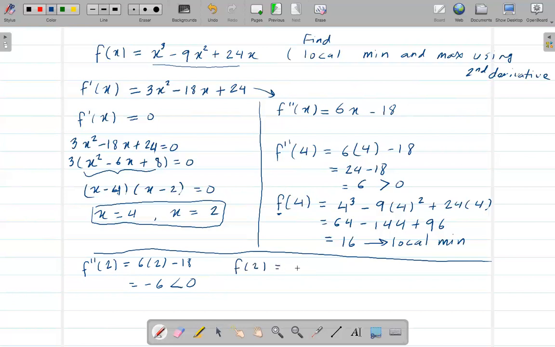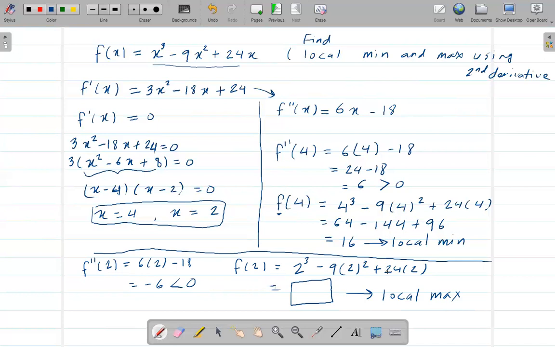So f of 2 is 2 to the power 3 minus 9 times 2 to the power 2 plus 24 times 2. You will get some number, and at this point we'll get a local max. Okay, let's assign this as a quiz.